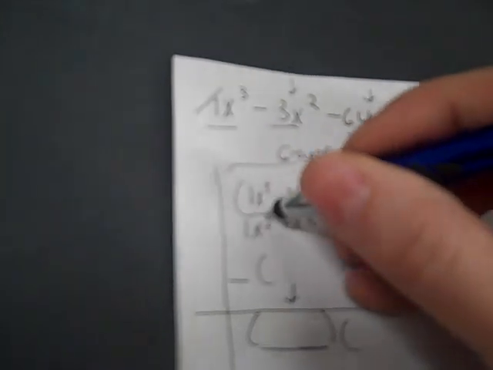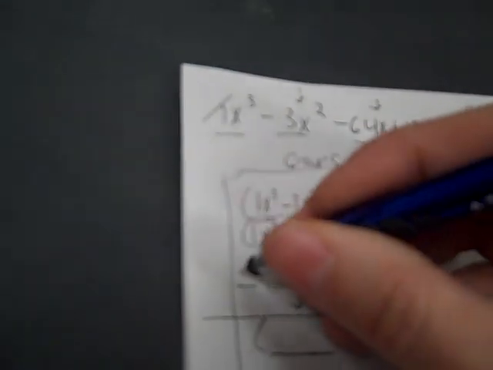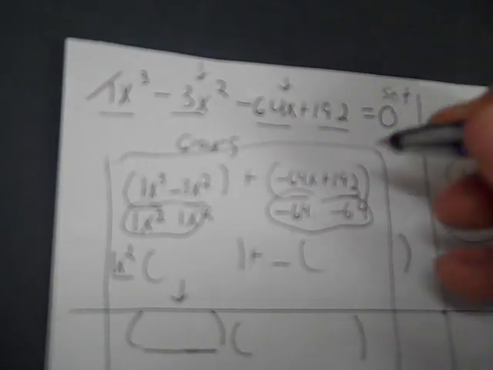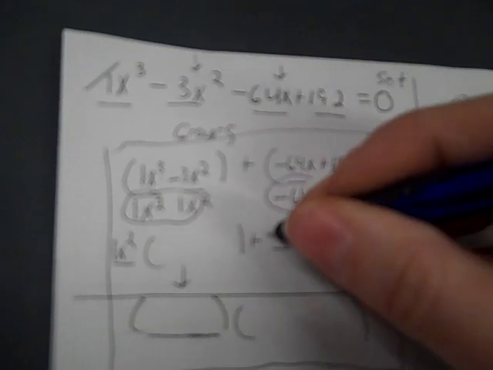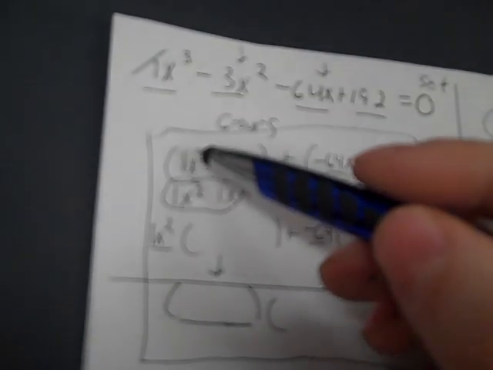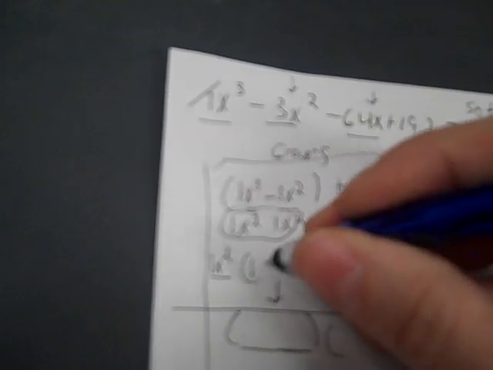Okay, now, whatever I'm dividing by here, okay, 1x to the 2nd, we pull out right there. Whatever I'm dividing by here, negative 64, I put right there. Now I just have to divide. 1 divided by 1 is 1. And then 3 minus 2 is 1, so x to the 1st power.